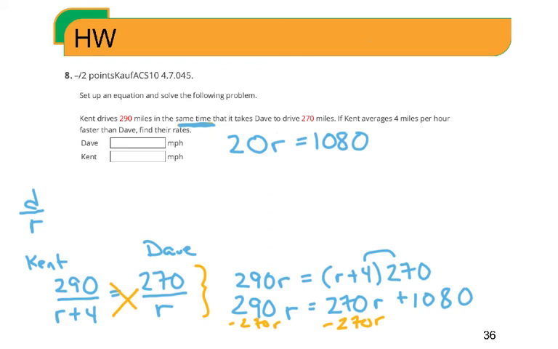Now what do we do? Divide by 20. So R equals what? Put that in your calculator, you'll get 54 miles per hour. Now, what was R?